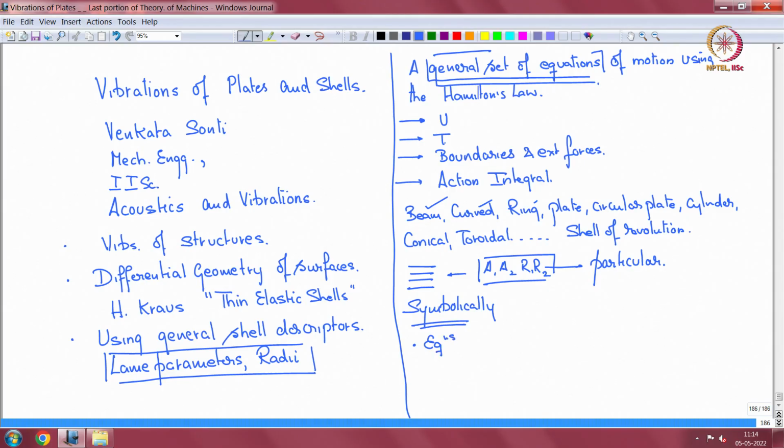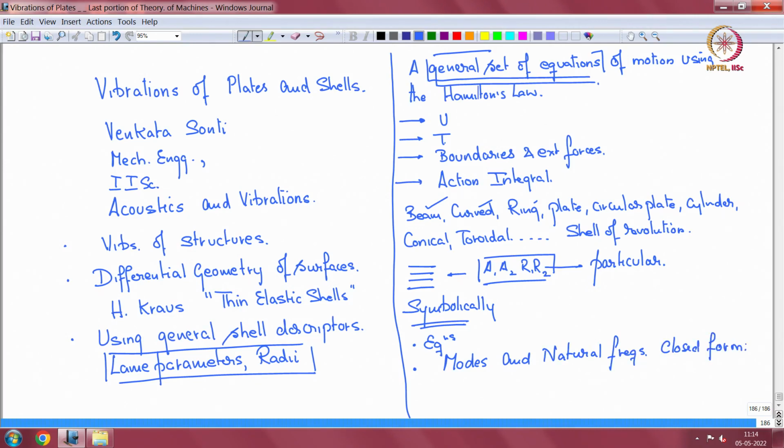Now what is the textbook, or let me continue. Once we have the equations, we will compute mode shapes and resonances or natural frequencies for a certain set of geometries in closed form, that means analytically.